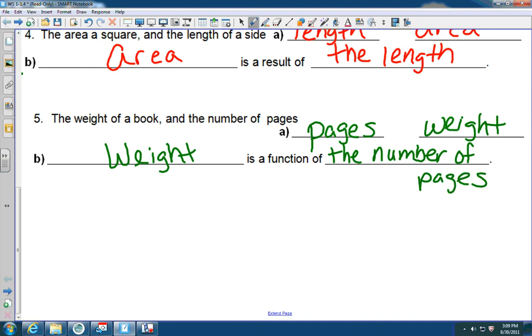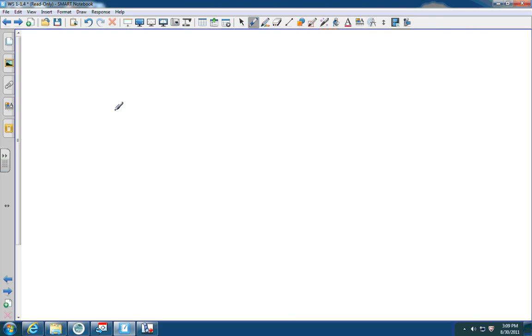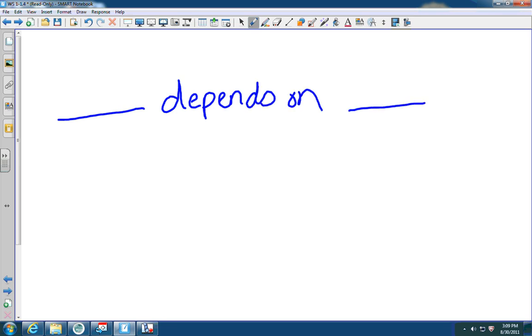There's a few terms we need to remember here. Let me go back. I'm going to change this. We're going to start with this. Blank depends on blank. The dependent variable depends on the independent.